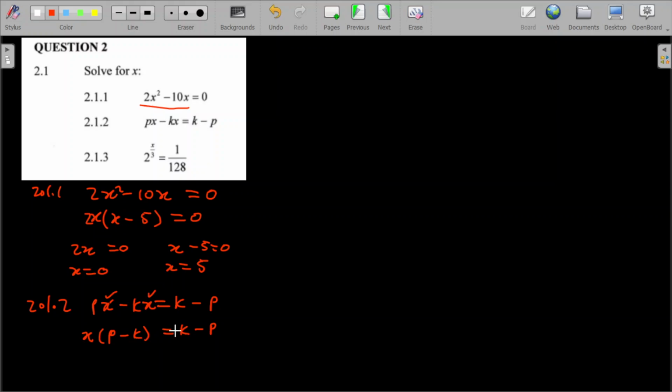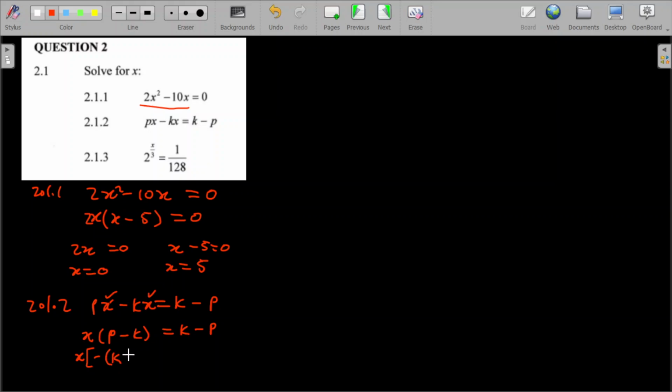So how can I make these two to be the same? If I take a common factor of negative here, and then after that I just swap my k and my p. So if I keep this outside there and then minus into k, if I times this and this, it's still going to be negative.